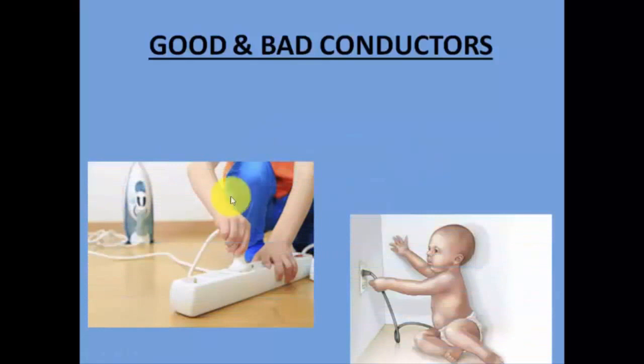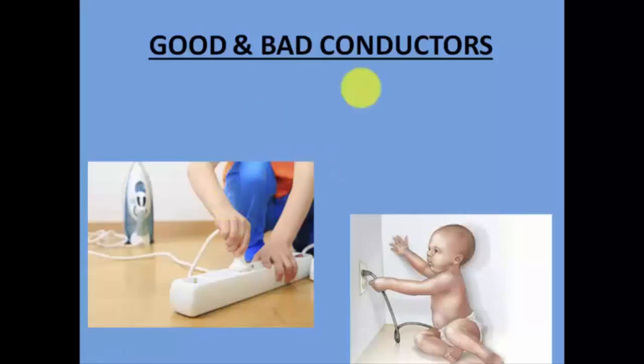Even the human body is a very good conductor of electricity. See, this boy is handling the iron box. Let's say over the wire we have this rubber coating. If there is no rubber coating, what will happen? We will immediately get a shock, because the person is holding the wire with his hand, and our human body is a good conductor of electricity, so immediately we will get shocked.